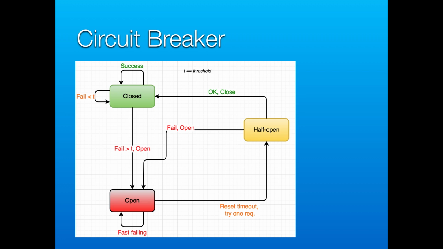But if you get to a threshold where, let's say, out of every 1,000 requests, 100 of them are failing, a 10% failure, that's not good. So then you open the circuit. When you open the circuit, you're saying there's a major failure in this part of the system, so I'm basically decommissioning this part of the system. I'm taking it out of service.